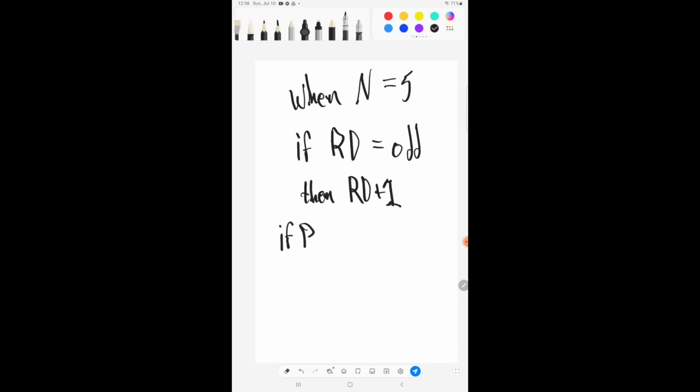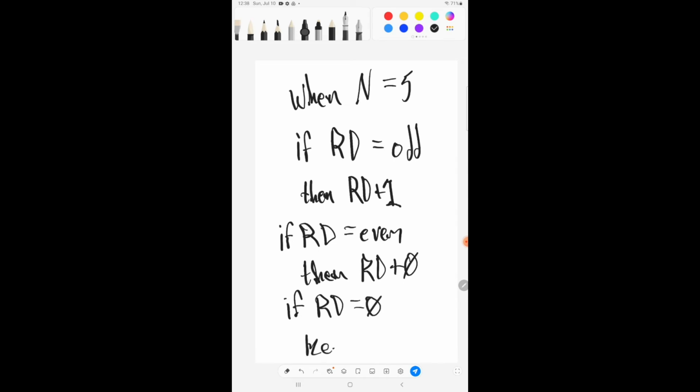If the rounding digit is equal to some even number, then keep rd the same. Keep it the same. So then rd plus 0. If rd is equal to 0, keep 0.